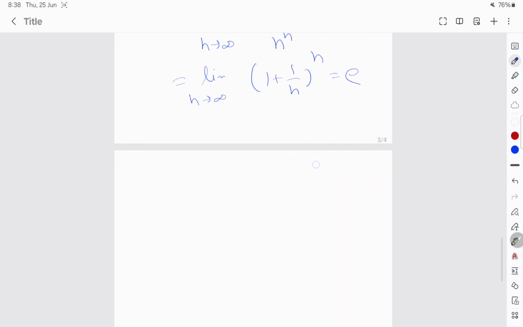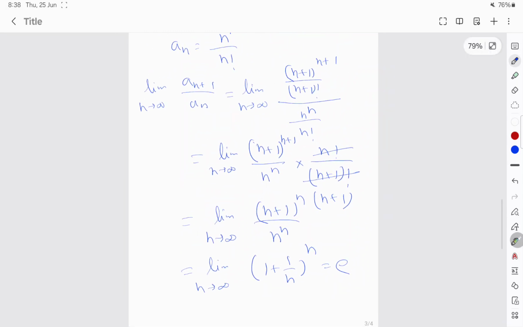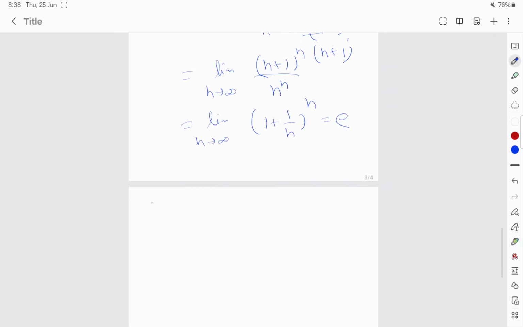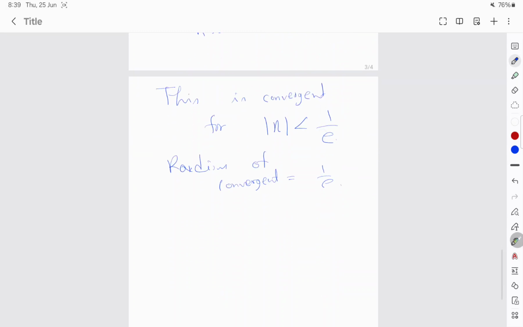So you can say this is convergent for mod x less than 1 by e, and radius of convergence equal to 1 by e. In this way you have to try.